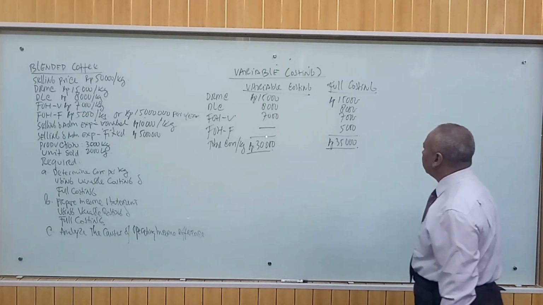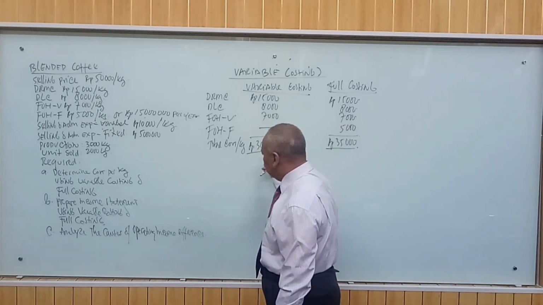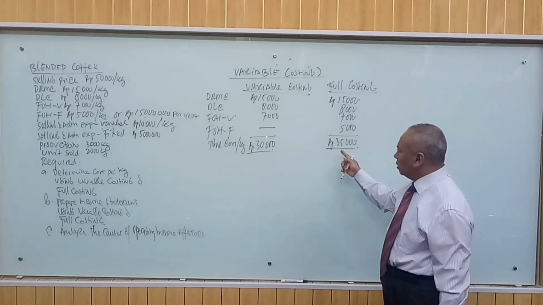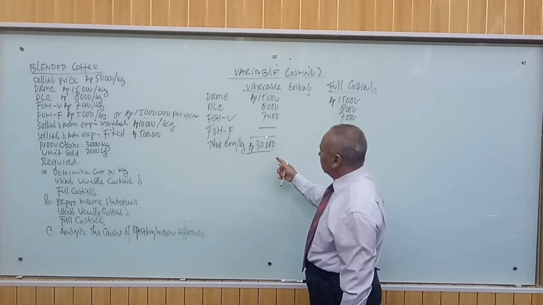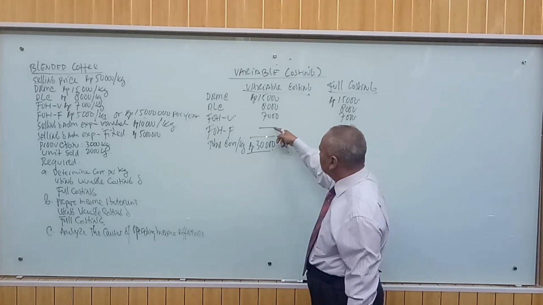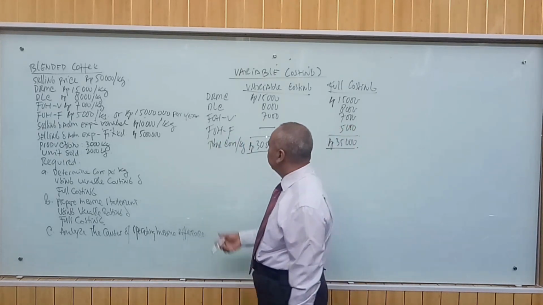So full costing cost per kg is higher than variable costing cost per kg, because in variable costing we don't include the fixed factory overhead.